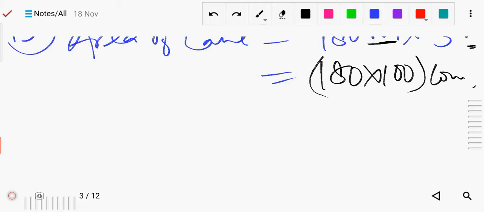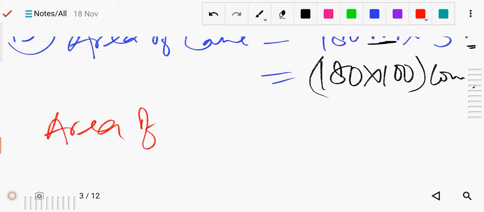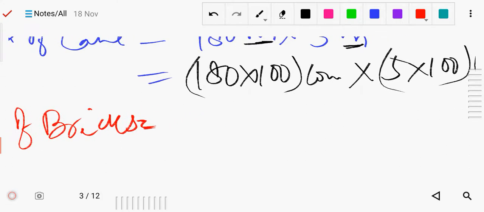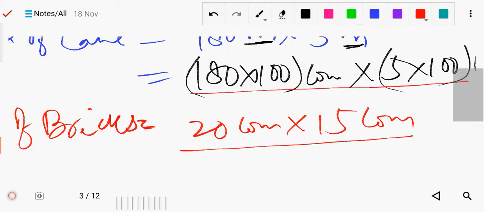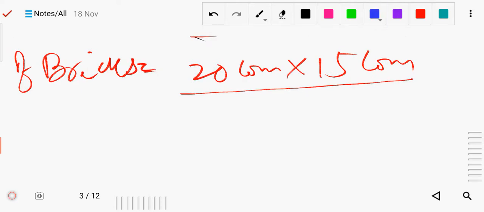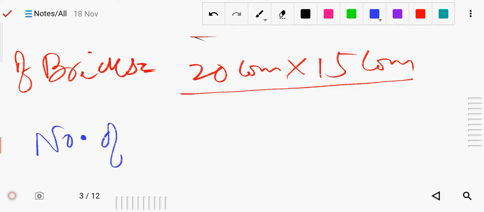So next we will write the area of bricks. The area of bricks is 20 centimeter into 15 centimeter. Again we will not multiply, we will leave these two as they are. Now we will find the number of bricks required.